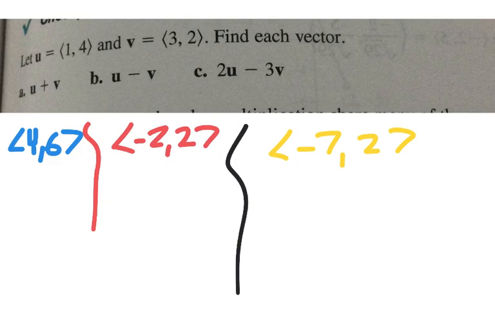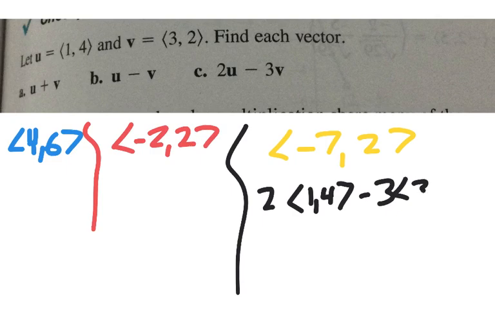Okay. So I've got 2 times u, which is at 1, 4, minus 3 times v, which is at 3, 2. So you have to multiply first before you can add or subtract. I'm going to multiply the first vector by 2.